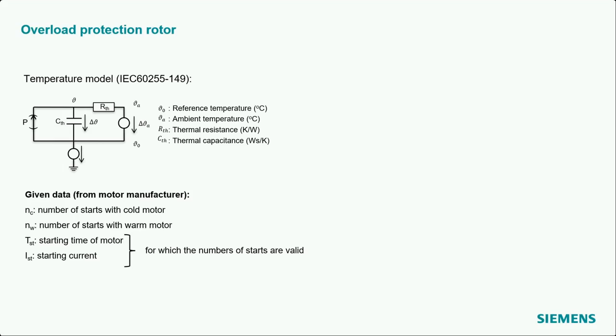So you can enter those two, and then you have the maximum leeway for starting up. From these given values, with some maths, we calculate also a K factor for the rotor and a tau, a time constant for the rotor, similar to what we do with the stator.